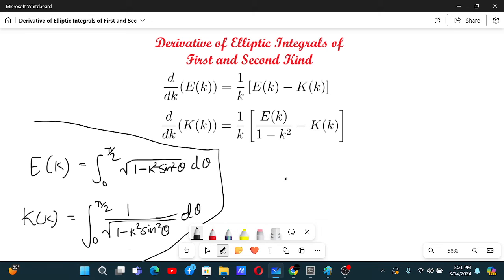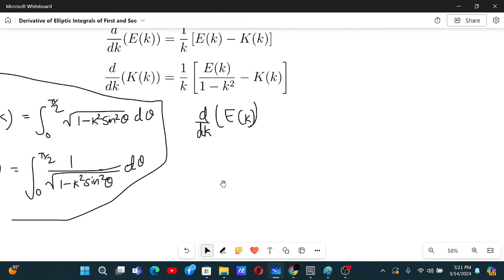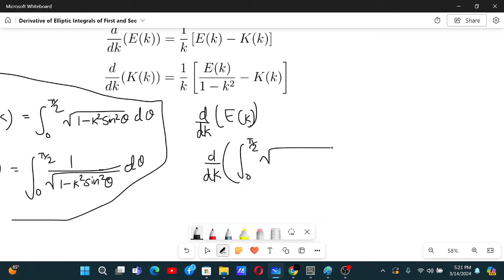Now let's begin. So let's differentiate the elliptic integral of second kind, E of k. We know that this is actually the integral from 0 to pi by 2 of square root of 1 minus k square sine square theta d theta.